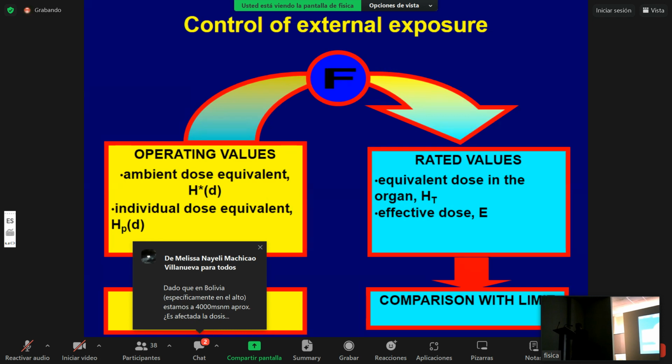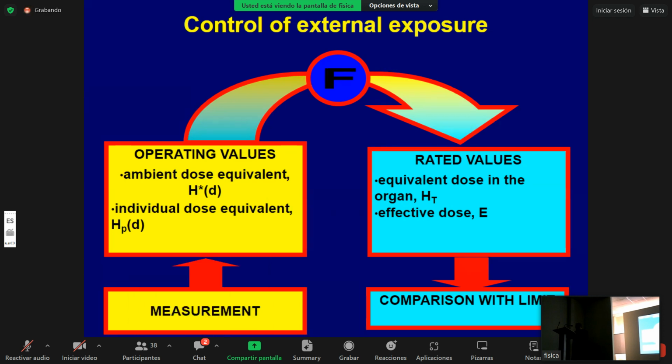The individual dose equivalent H_p(d), dependence on d, is equal to the dose equivalent in soft biological tissue at a depth of d millimeters below the considered point on the surface of a phantom or on the body of the adult.